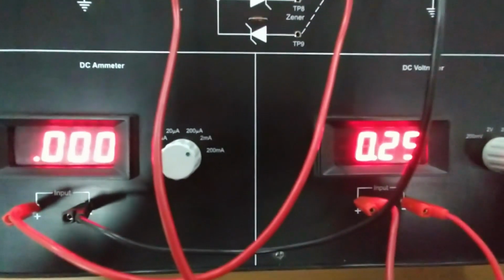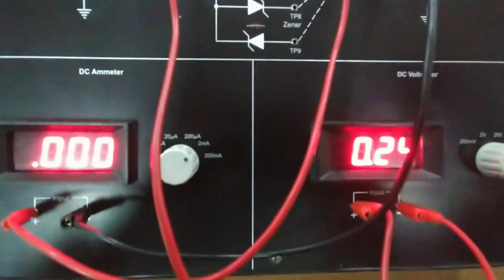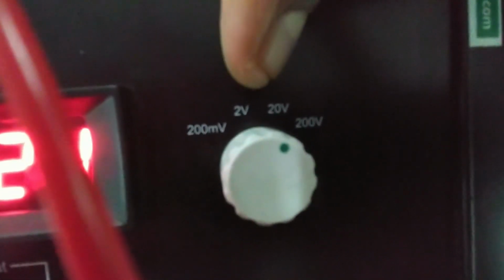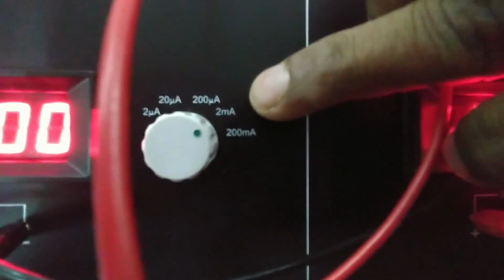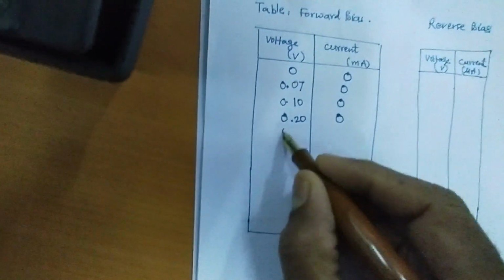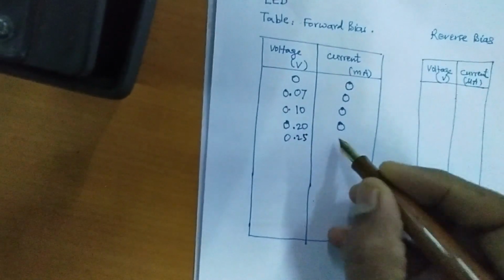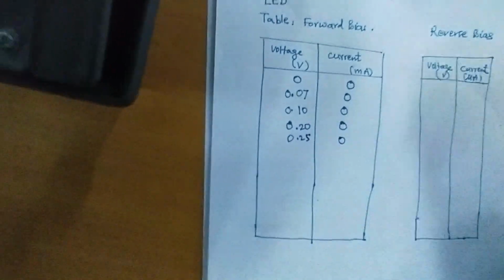While doing the experiment, I kept the voltmeter in the range of 20 volts, and we kept the ammeter in the range of 2 milliamperes. Okay, so I note down 0.25 and the corresponding reading as 0.